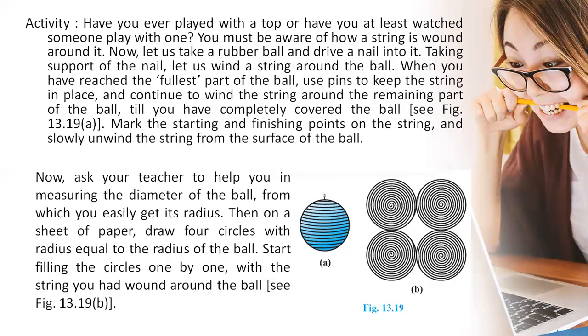First, we need to find the diameter, and to find the diameter, we need to keep the 2 cardboards parallel to each other, touching the surface of the spherical object, say a ball. Now, we need to find the distance between these 2 parallel cardboards, which gives the diameter of the sphere. From this, we can get the radius of the sphere.